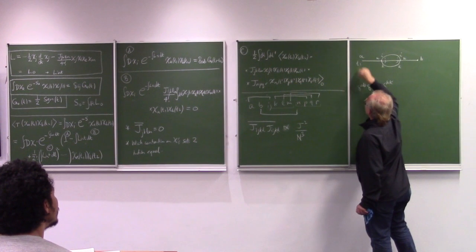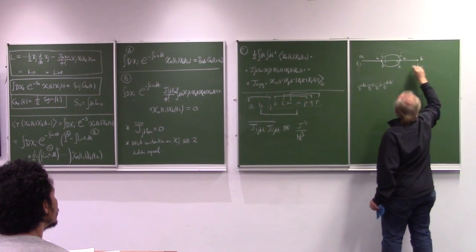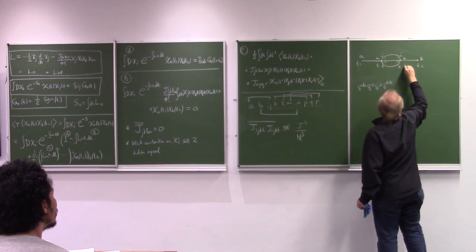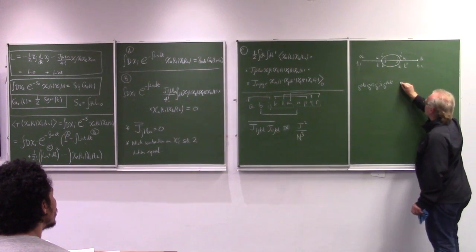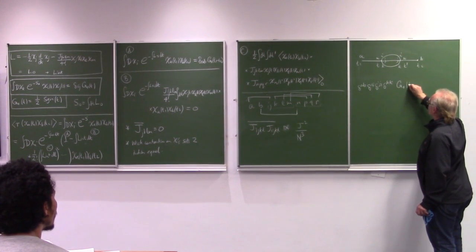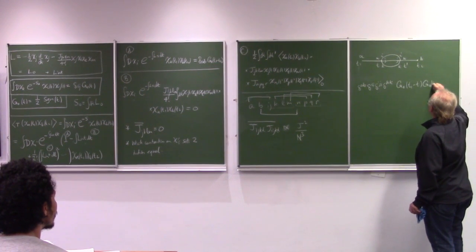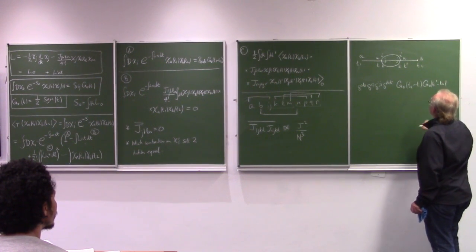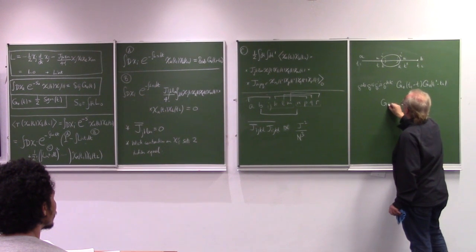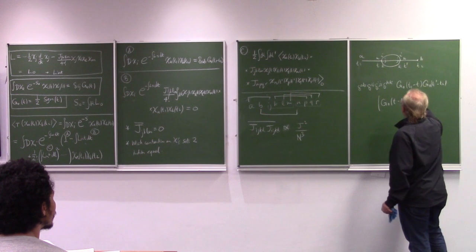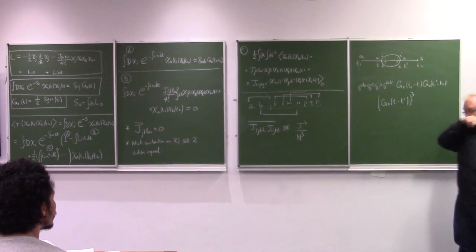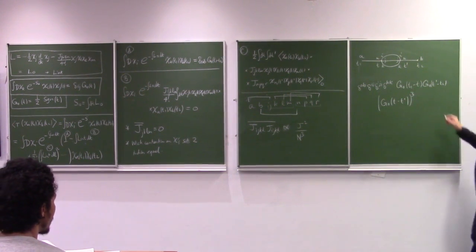So this is T1, this is T2, this is T, this is T prime. G naught of T1 minus T, G naught of T prime minus T2, G naught of T minus T prime cubed. And you'll again have to figure out the coefficient.